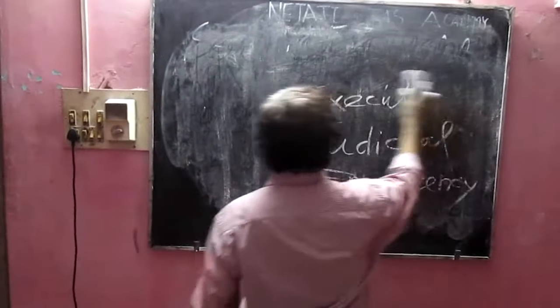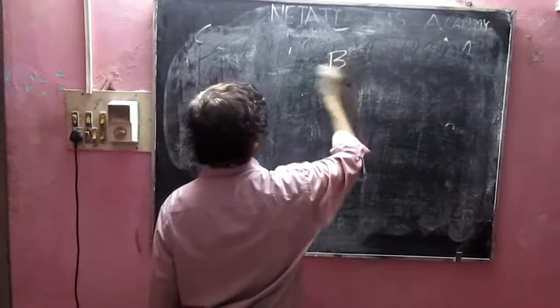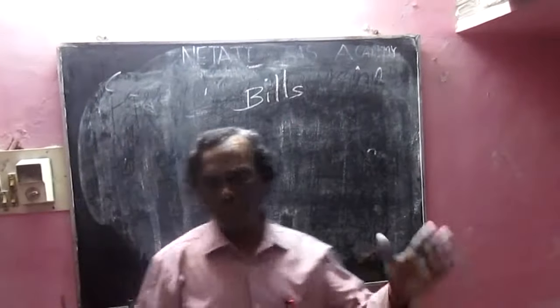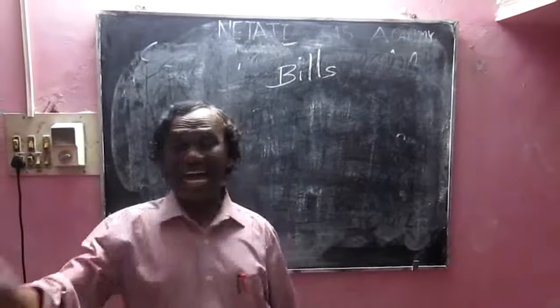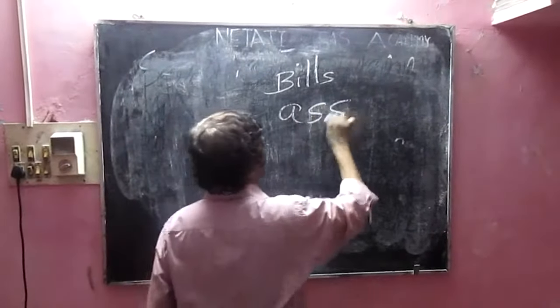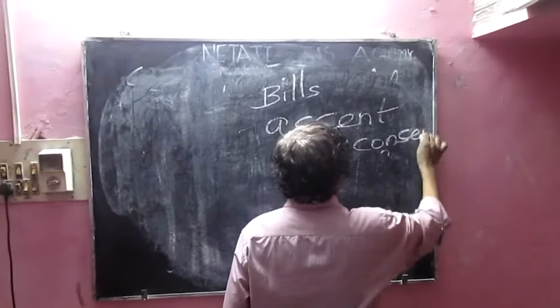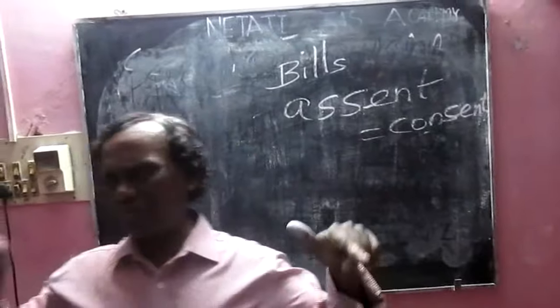Number 1. Look at the board, capital letter. All the bills passed by parliament need the assent. Assent means consent. Consent of president before they become law.